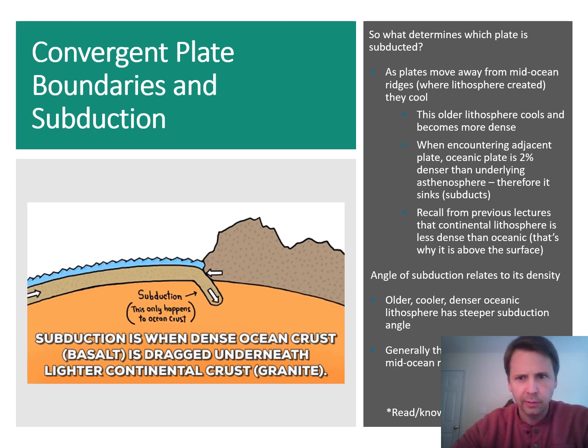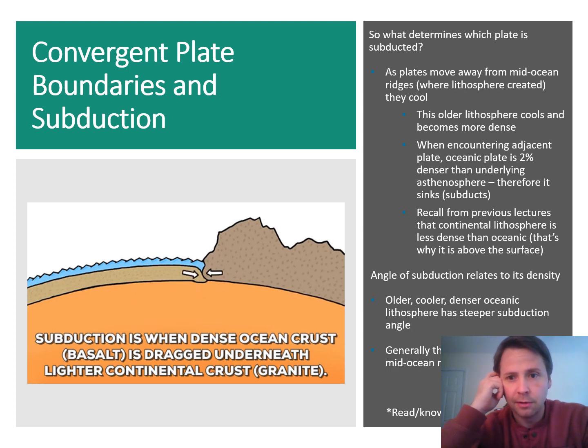Okay, anyways, so we have two plates, right? They're intersecting. They're moving towards each other in some way. So the question is, what determines which plate subducts or goes underneath the other? We talked about this as a generic question weeks ago.